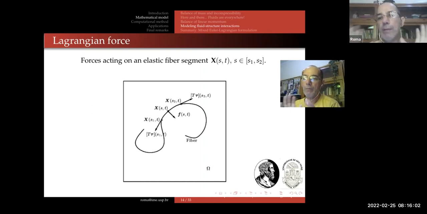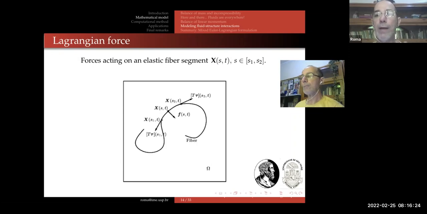I am doing the same kind of thing here, right? So let's study closely an elastic fiber segment between this point here and this point there. What are the forces that are acting on that segment?